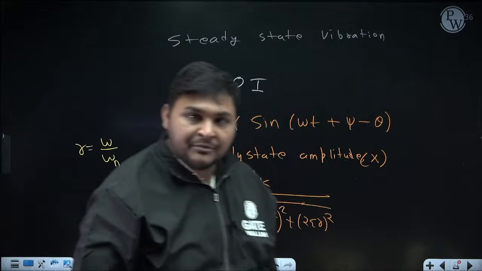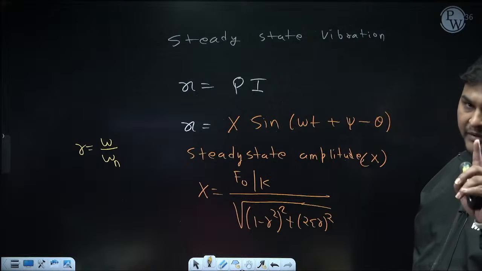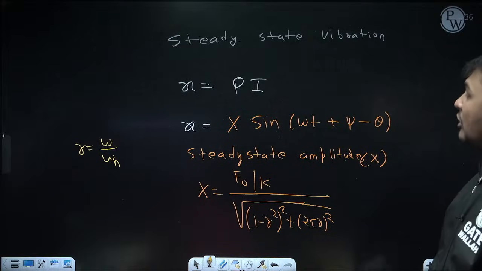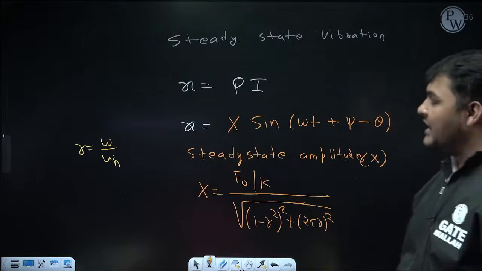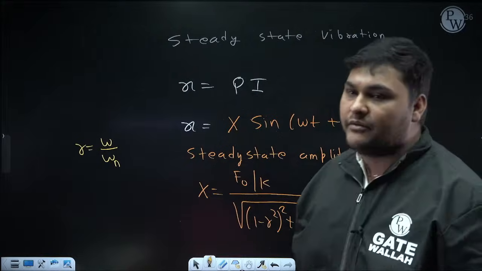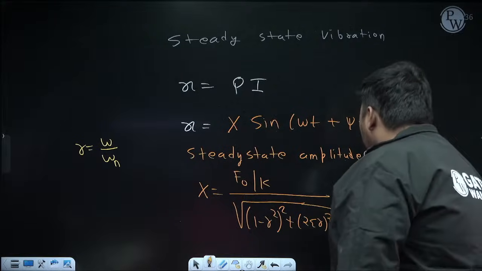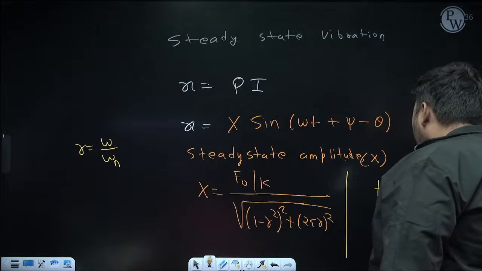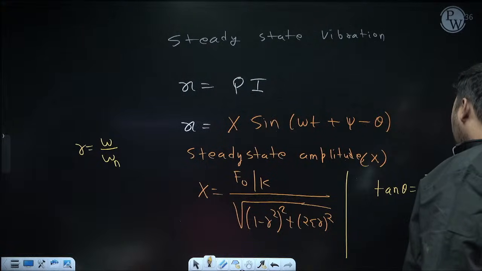Omega is the forcing frequency. Can I say omega is the frequency of x_p also, in radian per second? And omega is also the frequency of steady state vibration. And omega n is definitely the natural undamped frequency. Clear? Now, for the phase difference, if the exam asks the formula, tan theta is 2 zeta r upon 1 minus r squared.